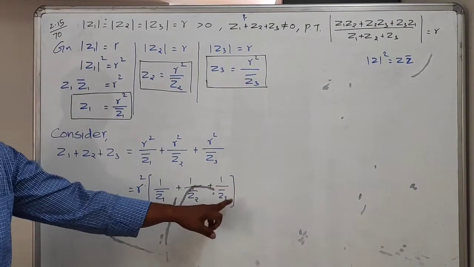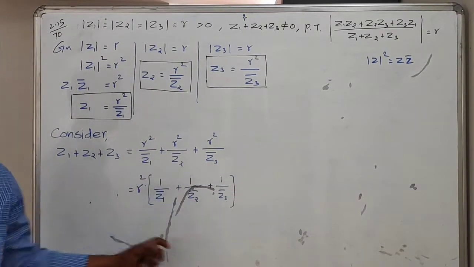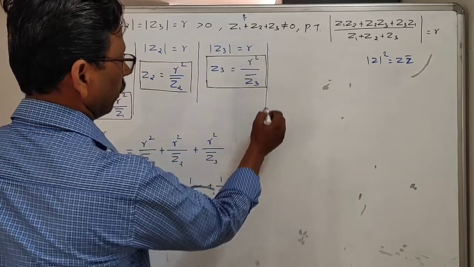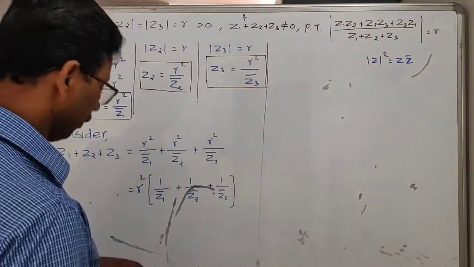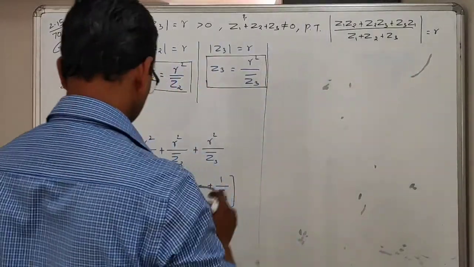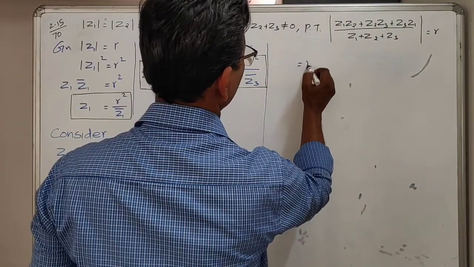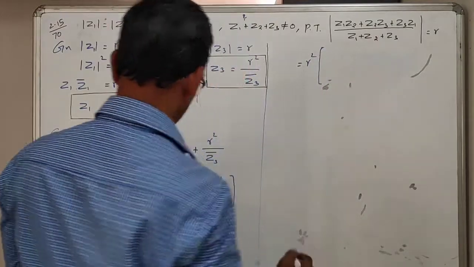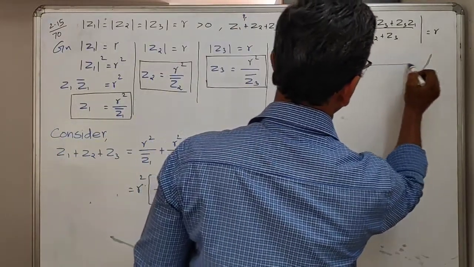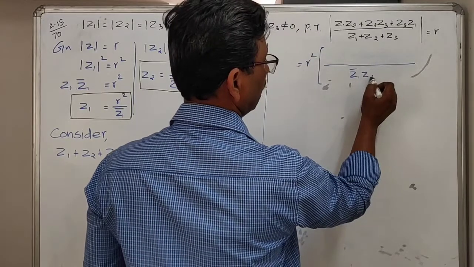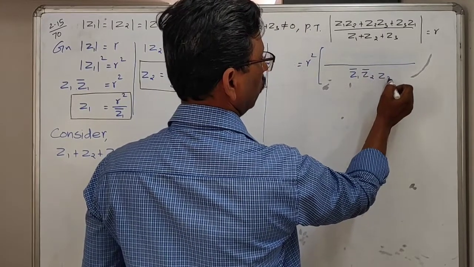After taking these, I try to take the LCM inside the bracket. Now we are going to see the LCM. Which is equal to R square into, here the LCM is Z1 bar into Z2 bar into Z3 bar.